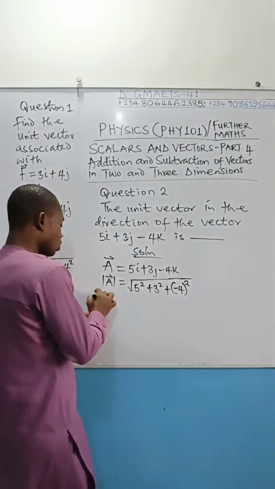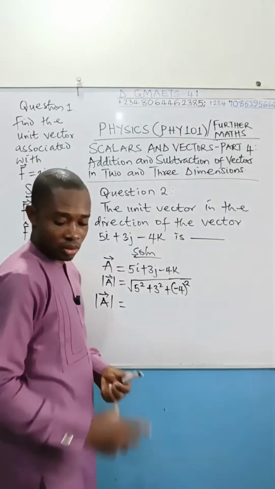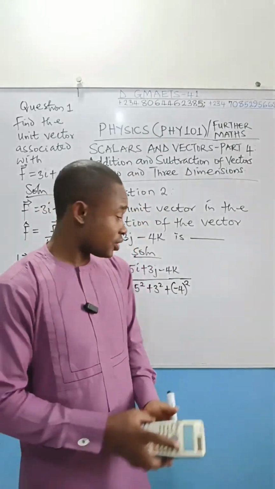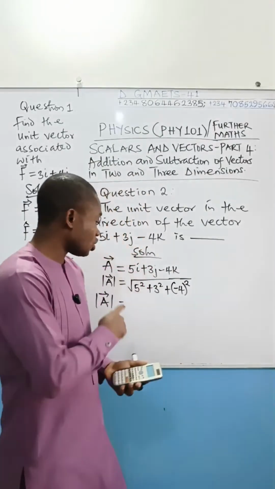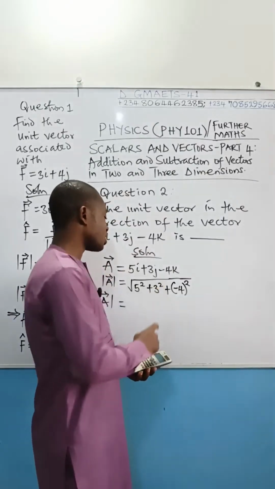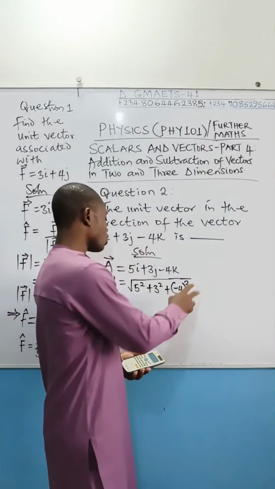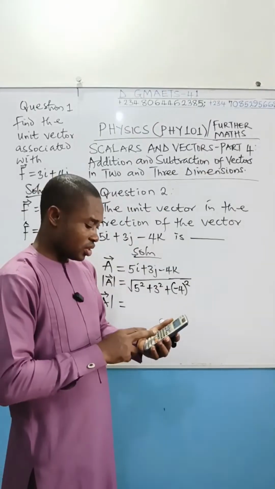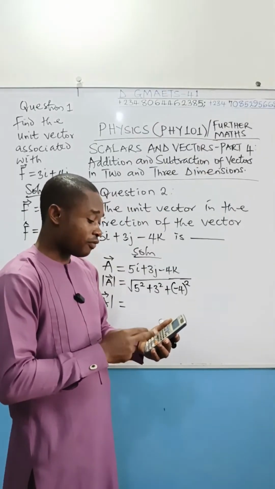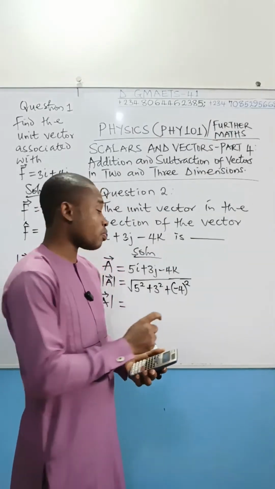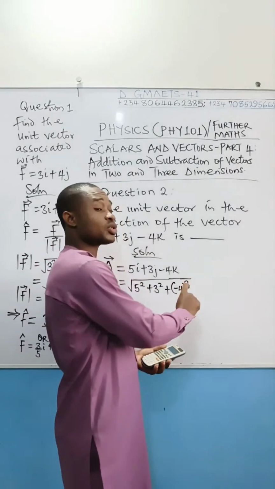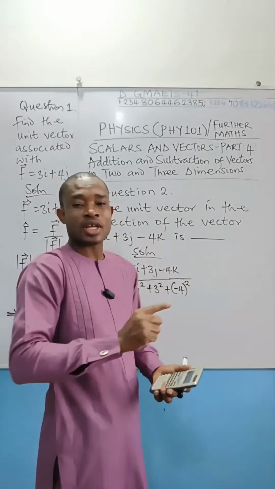So the magnitude of vector A is equal to, let's evaluate it and see. So we have 5 square, which is 25. We have 3 square, which is 9. And we have minus 4 square, which is 16. So this is going to give us square root of our open bracket, because I want to press all this term under that square root sign.